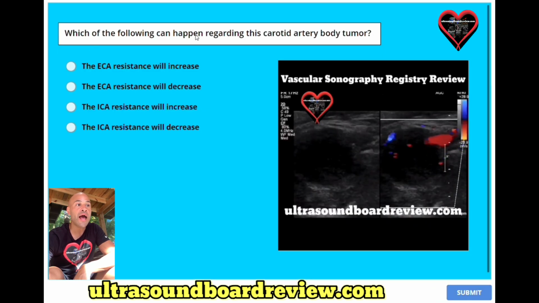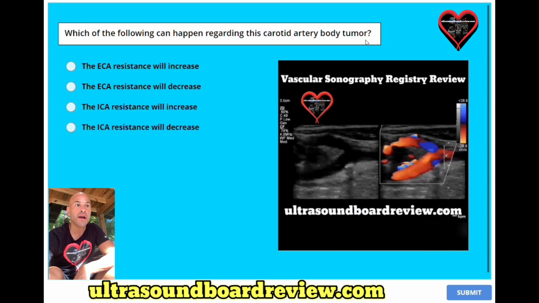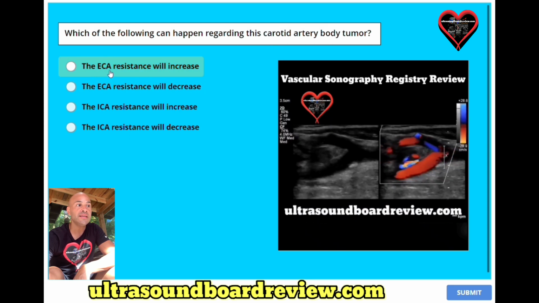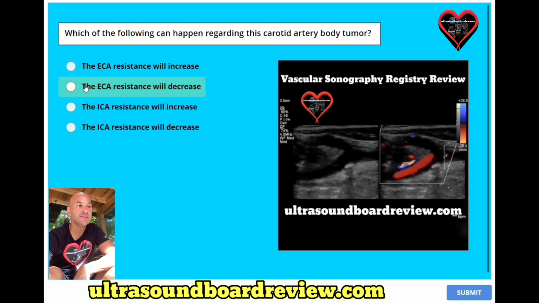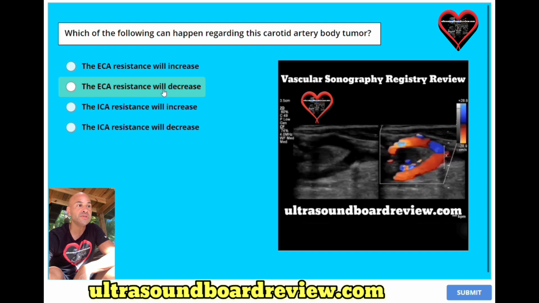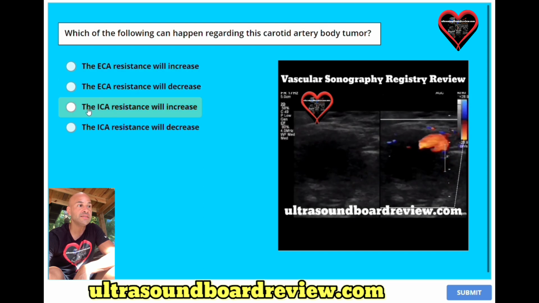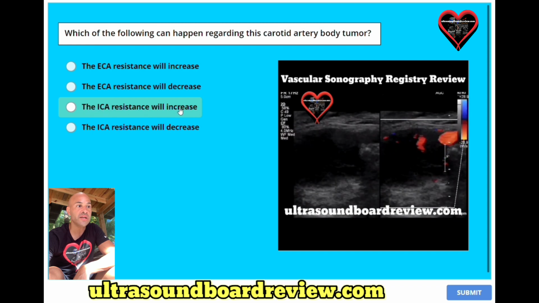Which of the following can happen regarding this carotid artery body tumor? A. The ECA resistance will increase. B. The ECA resistance will decrease. C. The ICA resistance will increase.